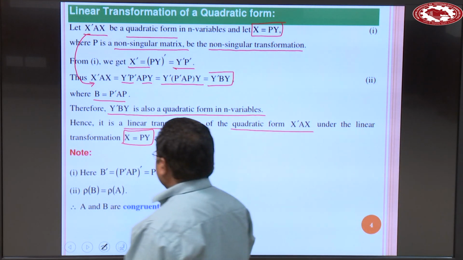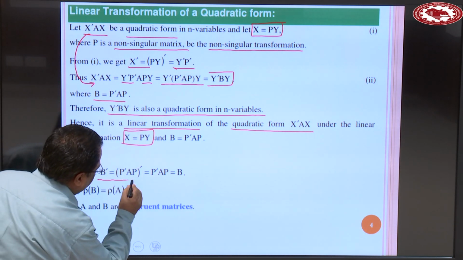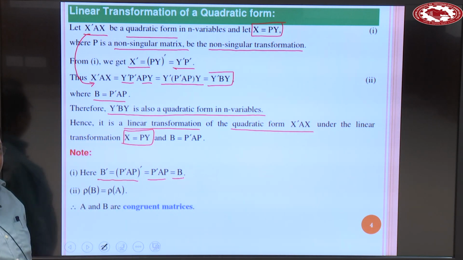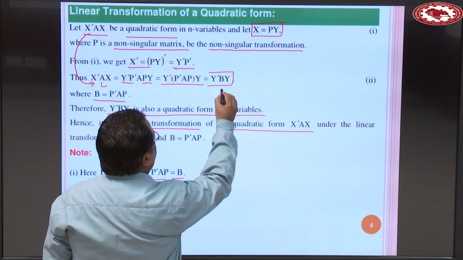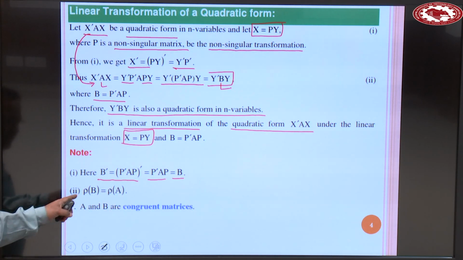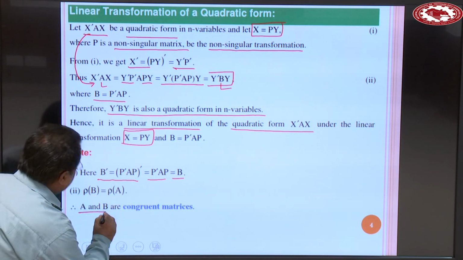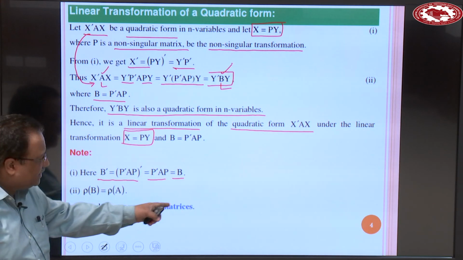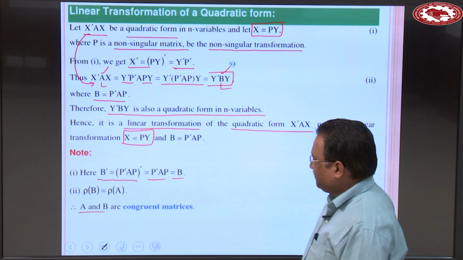And if you observe, B is P'AP. Now B' is (P'AP)', meaning P'AP which is equal to B. So this means that B is symmetric. Now this A is symmetric, this B is symmetric, B' is equal to B. Okay. And rank of B is equal to rank of A. This means both these matrices A and B are said to be congruent matrices.